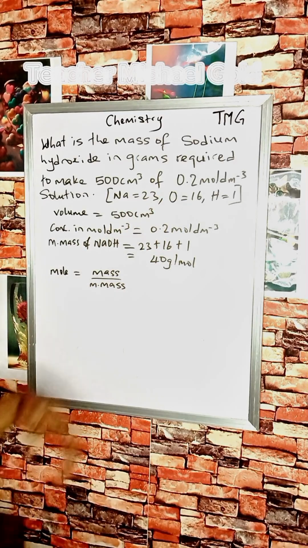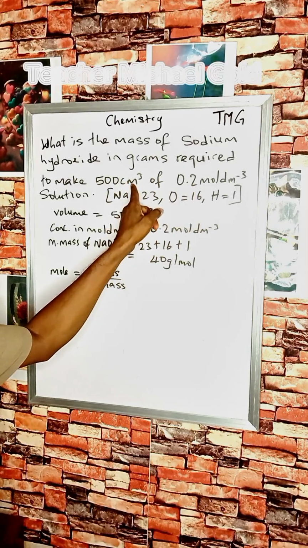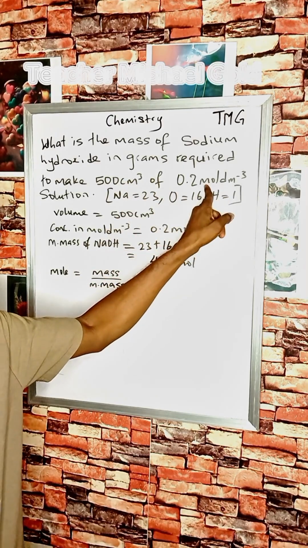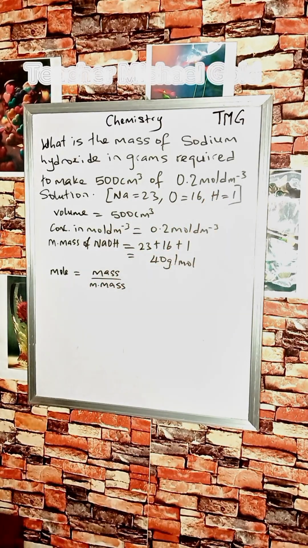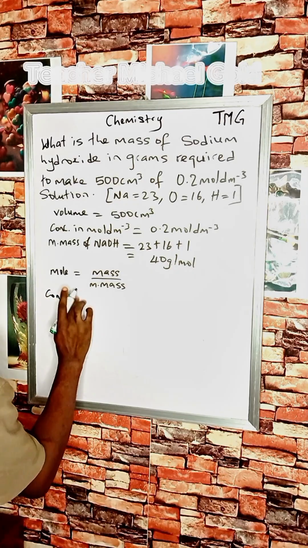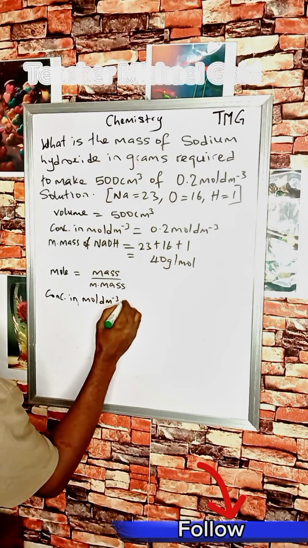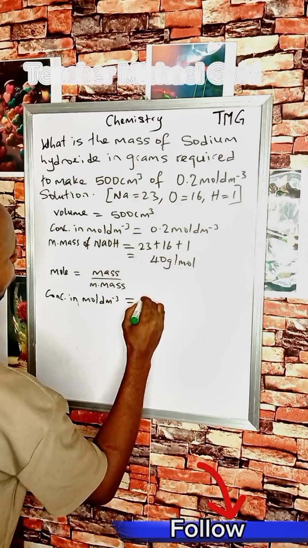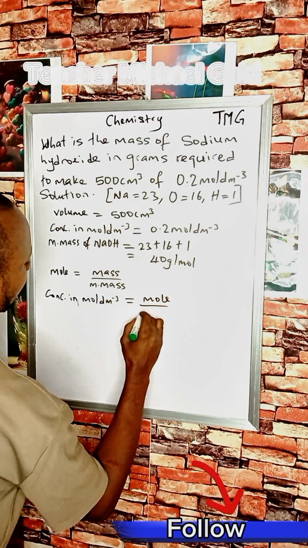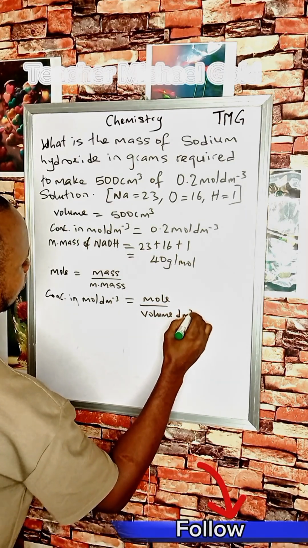So for us to find our mole, we compare the volume and concentration, because we have volume here and mole here. Doing that, concentration in mol/dm³ will be equal to mole over volume in dm³.